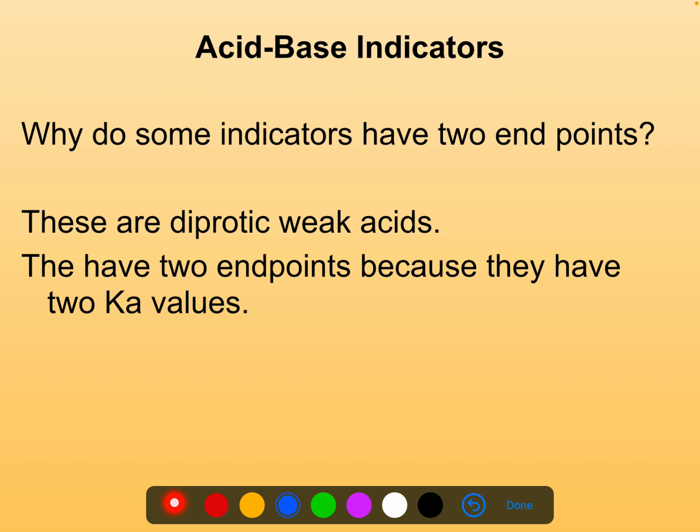For pre-lab question number 3, you're not doing any math with this one. It is talking about if we had a weak acid with a weak base, which we don't typically do. But it wants to know, should the pH at the equivalence point be 7, less than 7, or greater than 7?